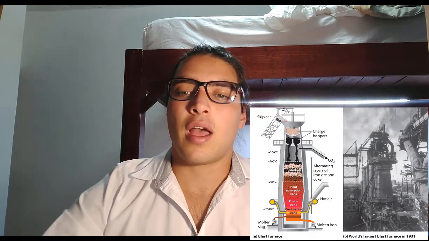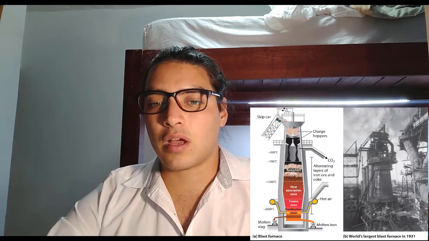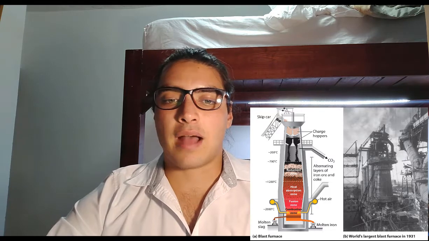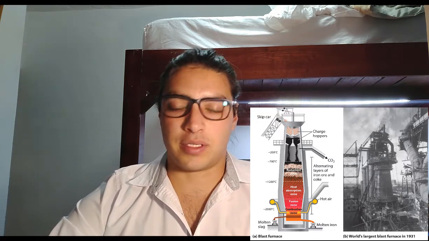In Durango, we have an iron mine, but the coal mine is in Coahuila, more specifically in Torreon. Coke is a form of carbon made by heating coal in the absence of air to remove impurities.